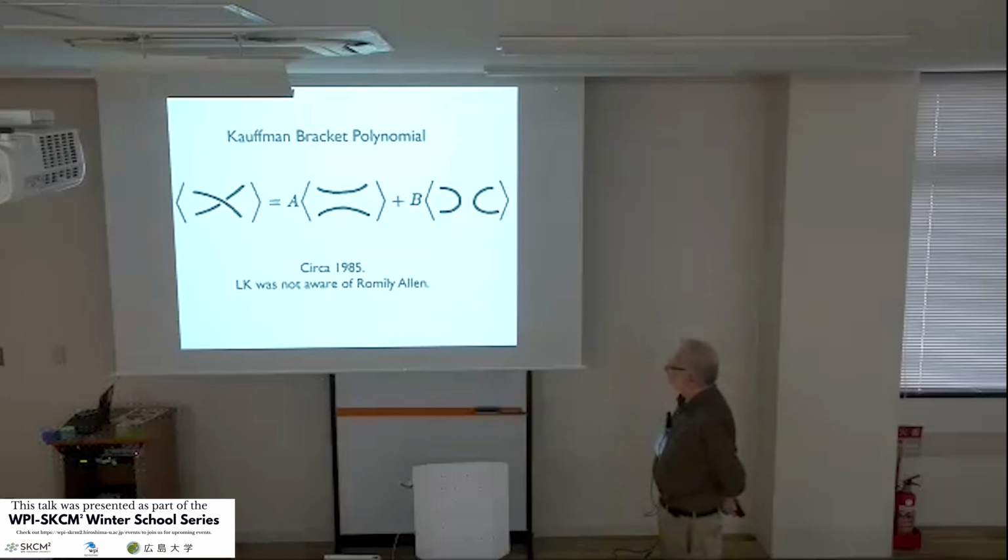But what you have here is an assignment of a polynomial to a knot that satisfies that it's equal to some multiple of smoothing it one way plus some multiple of smoothing it the other way. So this is a mathematician's version of the idea of just simply smoothing it in the two ways, and we're summing over all of the different ways of smoothing it to get this invariant. And it will be an invariant if you choose B correctly and you decide how to evaluate the loop correctly.